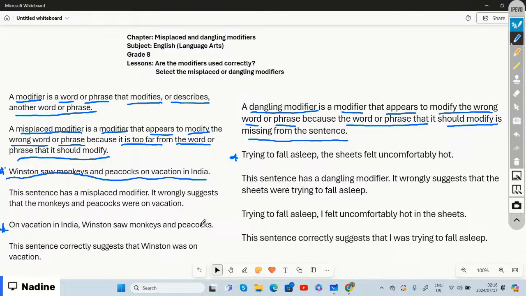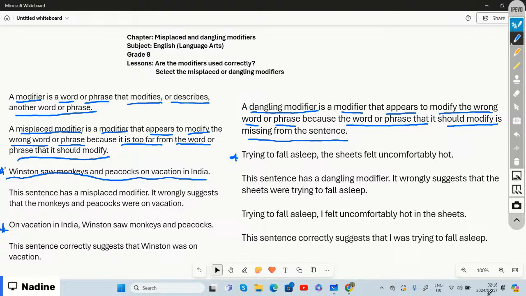Right? And that is our two types of modifiers. And we can always fix the modifiers, right? So that it can correctly suggest what the sentence or what the writer is trying to say. All right.